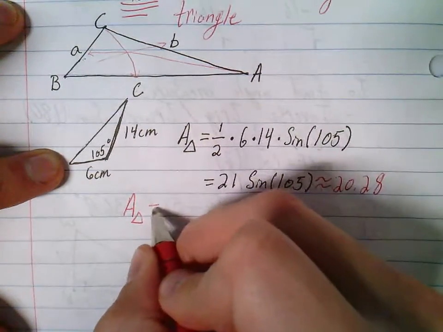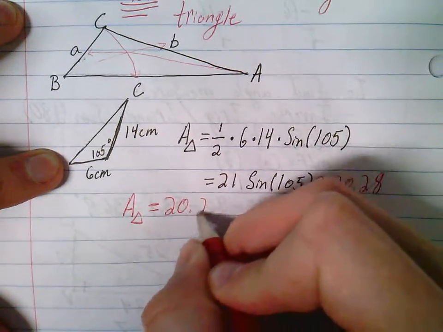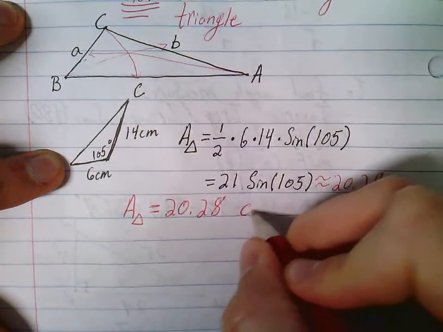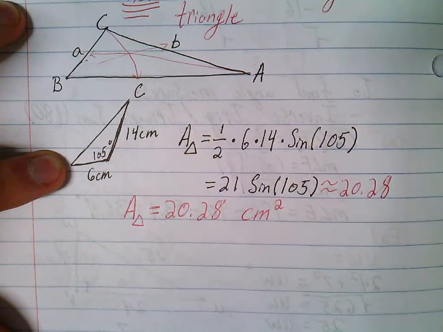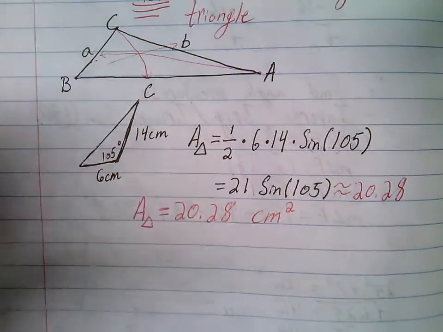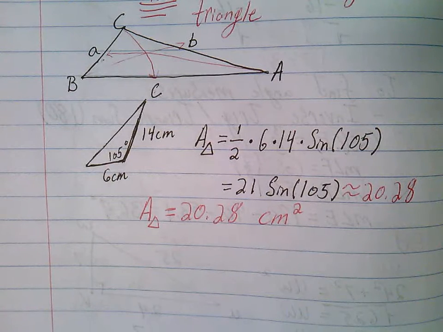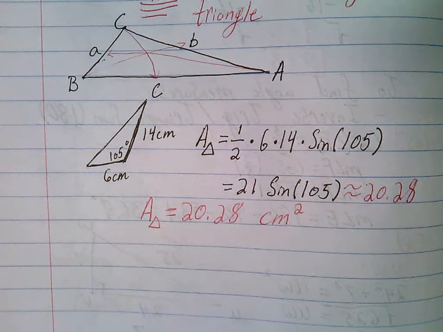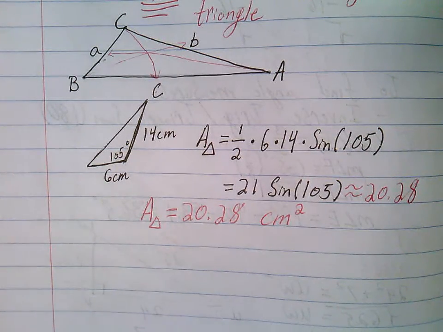The area of the triangle is 20.28 centimeters squared. Okay, so it's important to have labels, particularly when we're talking about area, because we're not just talking about arbitrary lengths. These are very specific. Let's do one more example and then we'll be done today.